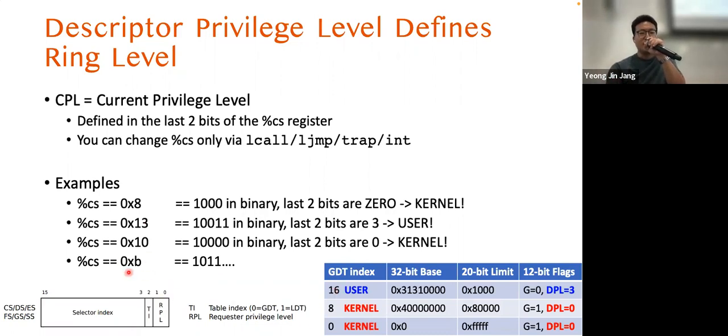Also for 0xb, this is 11, so 1011. When accessing the global descriptor table, the CPU will ignore these as 0, refer to index 8, but get the current running execution privilege as 3.